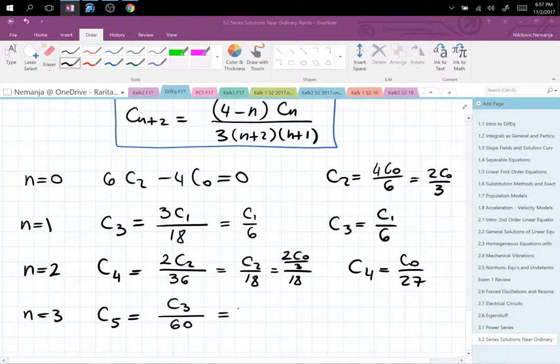It's a half of 5 factorial. 3 times 4 times 5 is only missing a 2 for 5 factorial. 5 factorial is 120, so 120 divided by 2 is 60. So c3, that's c1 over 6 divided by 60. This is c1 over 360. So c5 is c1 over 360.